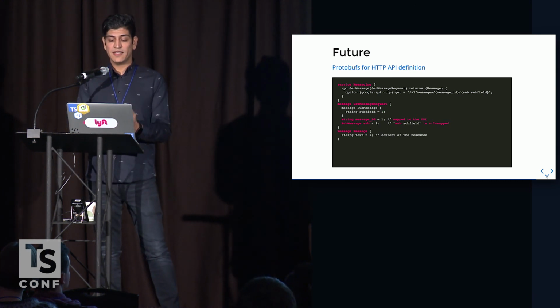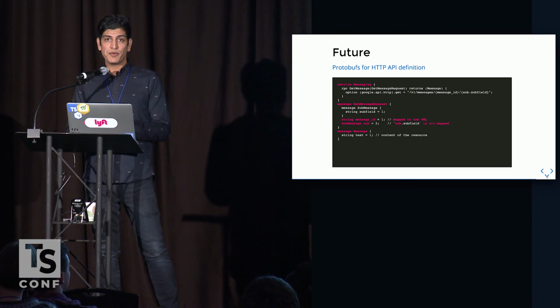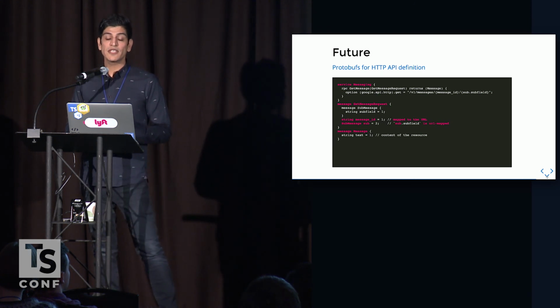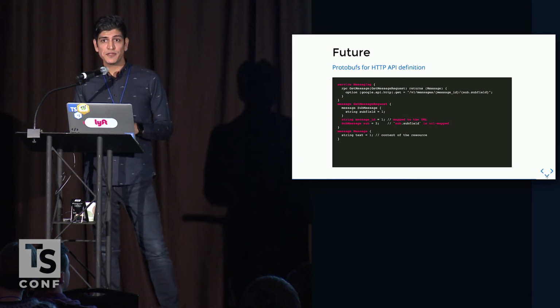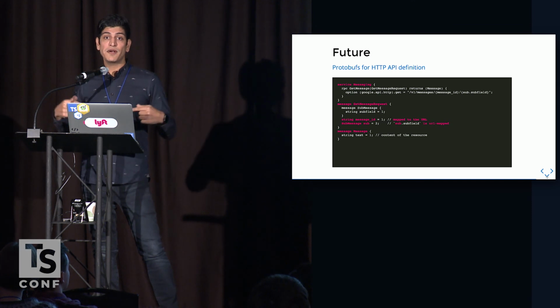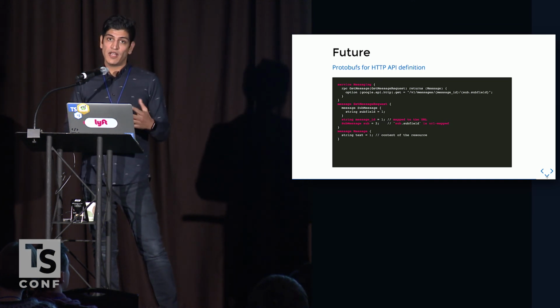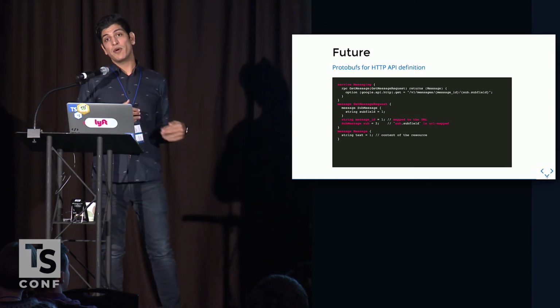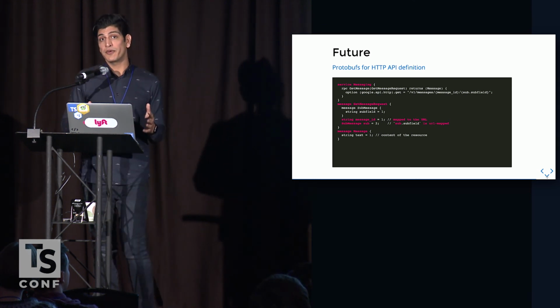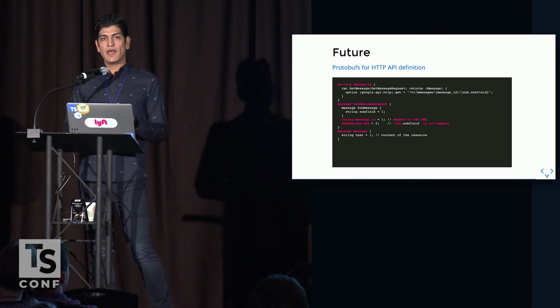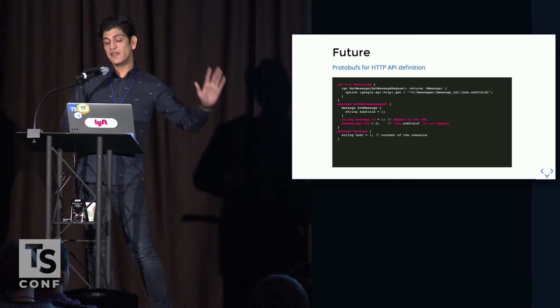Google has this in their proto definitions. There is this google.api.http proto definition, which makes it possible to describe an HTTP endpoint or HTTP API in protocol buffers. So this is very powerful.